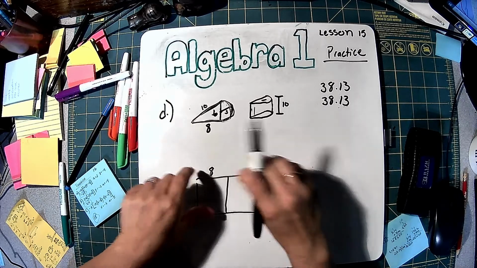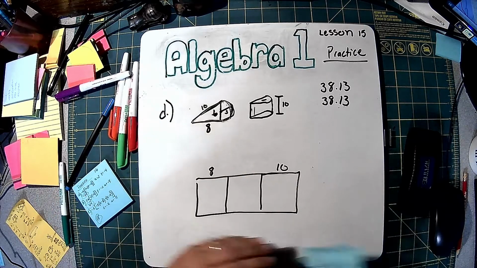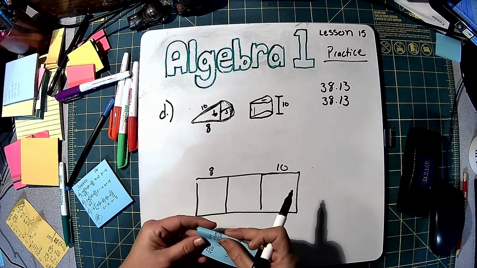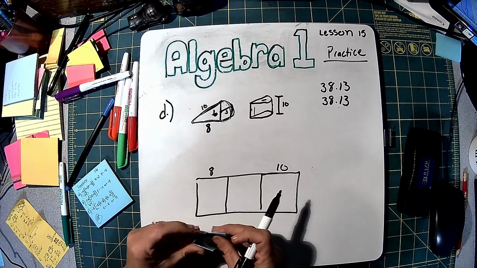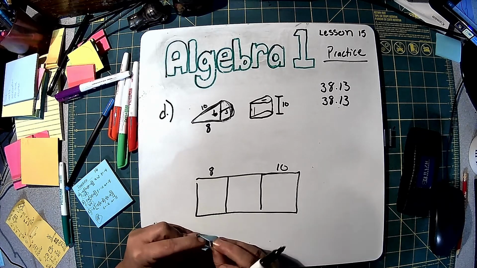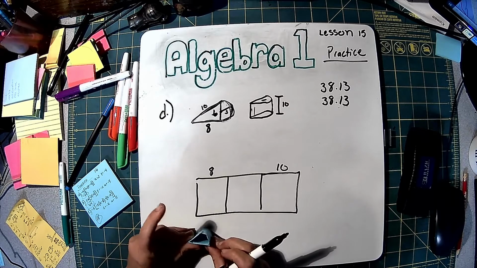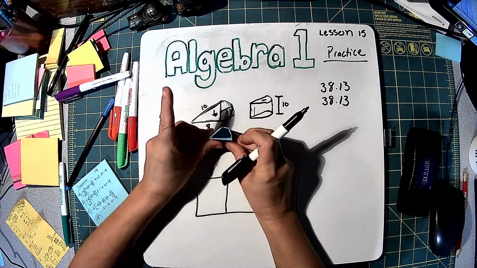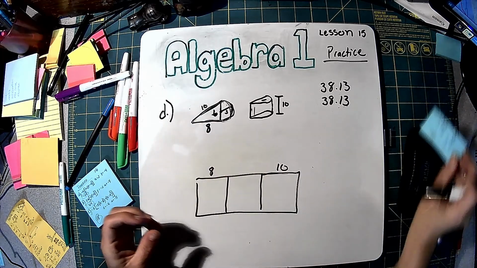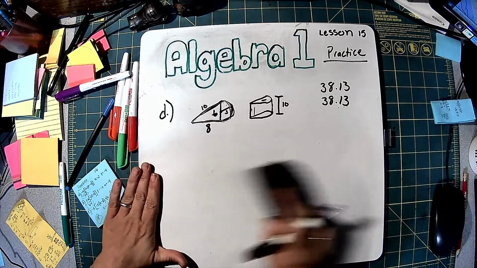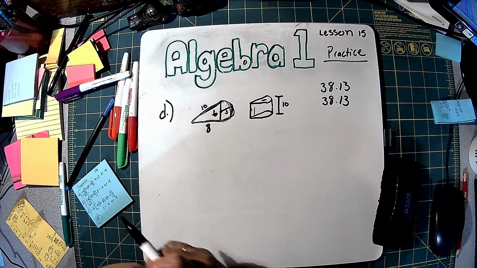See how if we folded it all up, it looks kind of like that. And if I stretch it all out, it turns into a rectangle. So first I'm going to find the perimeter of that, and then I'm going to multiply it times 10.